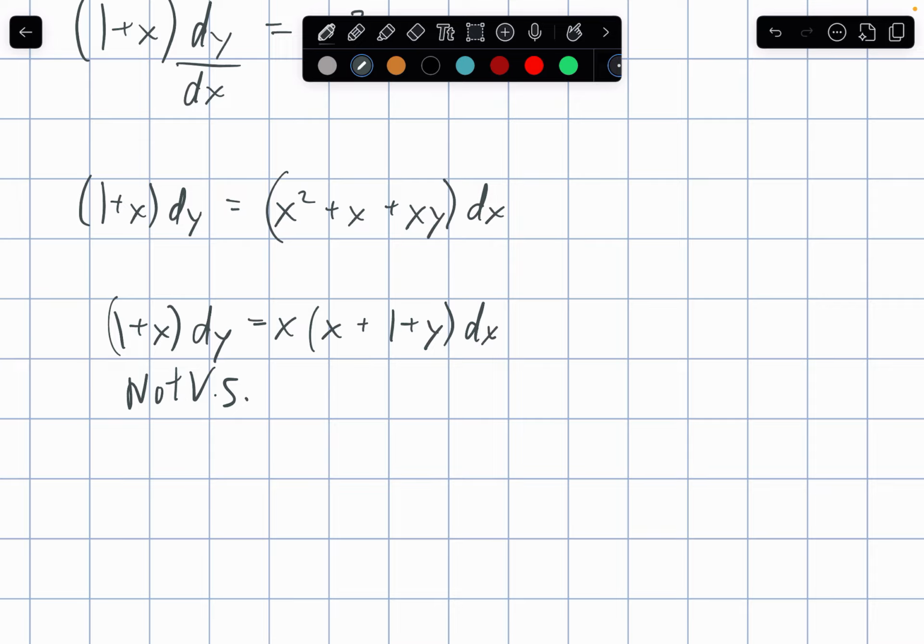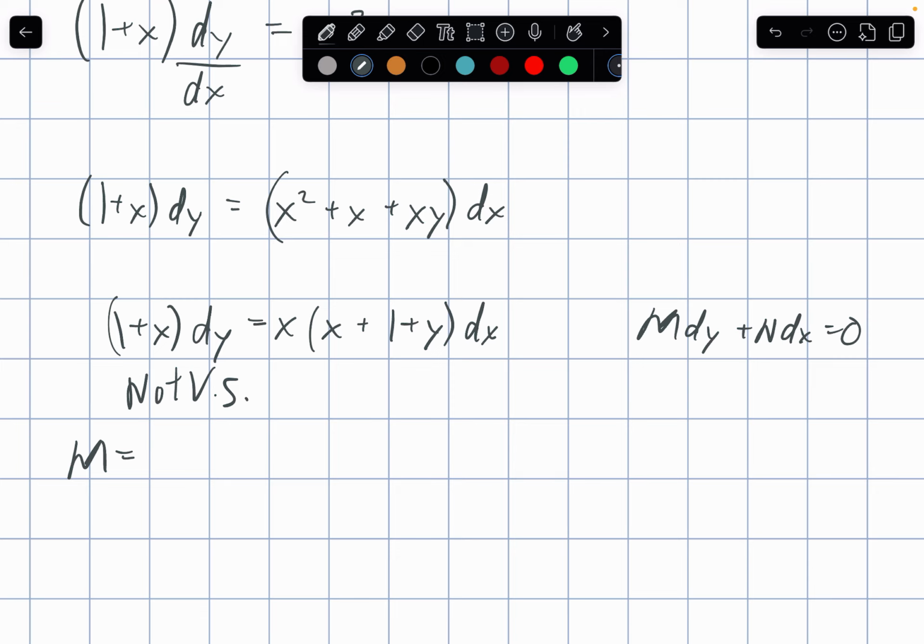The second option is testing for exactness. You want to see if you can solve this. Let me show you. For an exact differential equation, the standard form, if I'm not mistaken, is M dy plus N dx equal to 0.